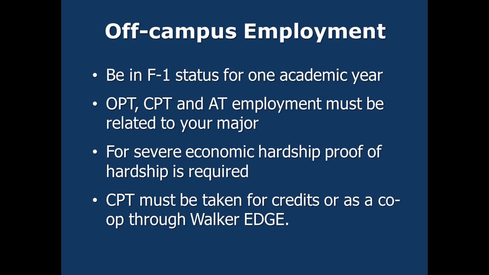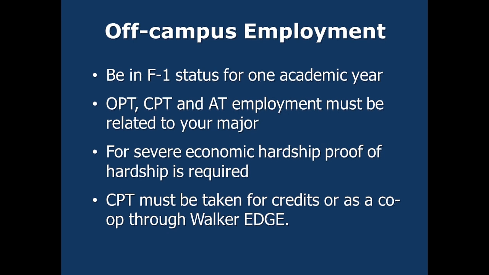To be able to work off campus, you must be in F1 status for at least one academic year. One academic year means that if you're an undergraduate, you need to be enrolled in the fall and the spring semester.